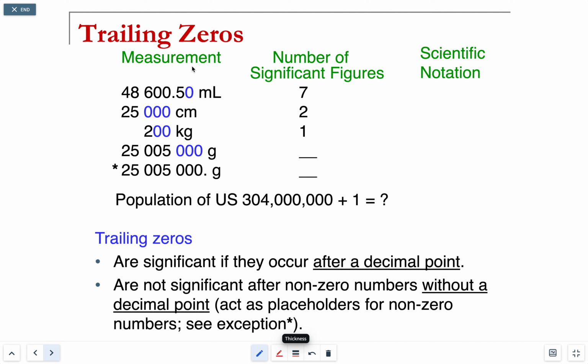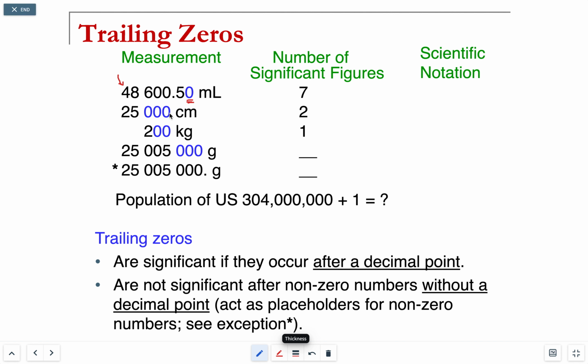Now, let's look at this first measurement. You always start from the first number that's not 0, and you always go to the last digit that we talked about, right? Well, this last digit happens to be a 0. Is it significant or not? Well, it depends where it is. If it's after a decimal point, it is.